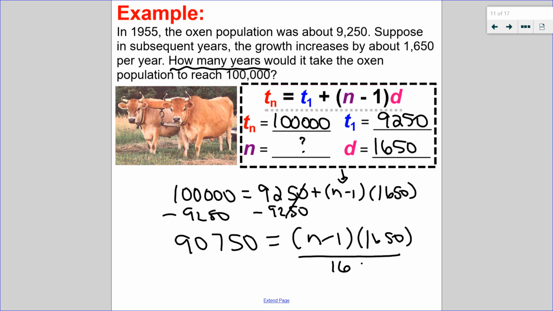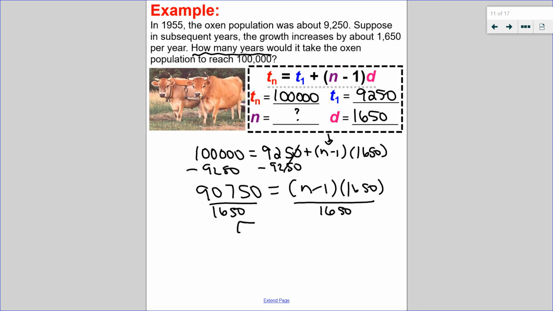Since I want to get n by itself, I'm just going to divide both sides by 1,650 to get the brackets by themselves first. So I end up here with 55 equals n minus 1, and then just simply add 1 to both sides to get 56. So answer with units, it would take 56 years to reach 100,000.